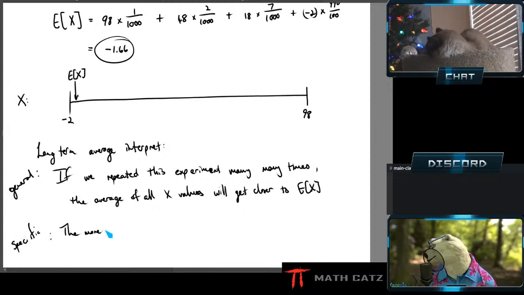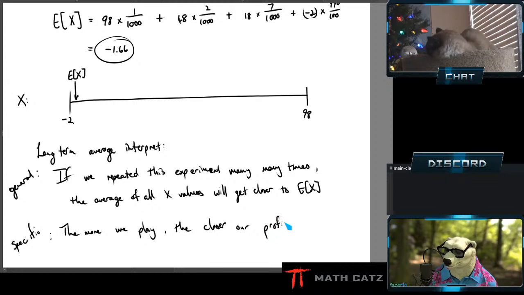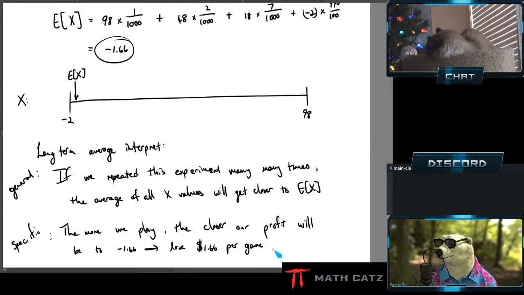The more we play, the closer our profit will be to negative 1.66, which means we will lose $1.66 per game on average.